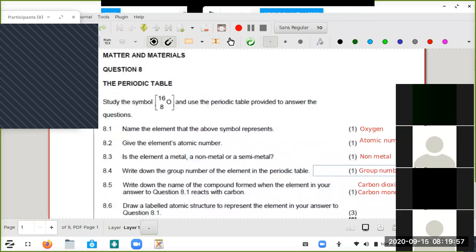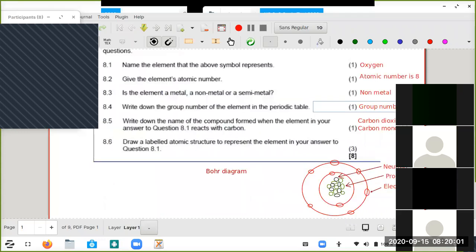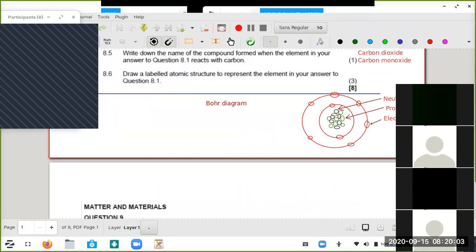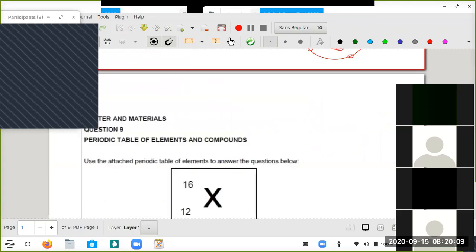This is a mistake that I made yesterday. So I think you heard my explanation on why we are saying oxygen is in group 16, right? So far, so good. May I proceed?